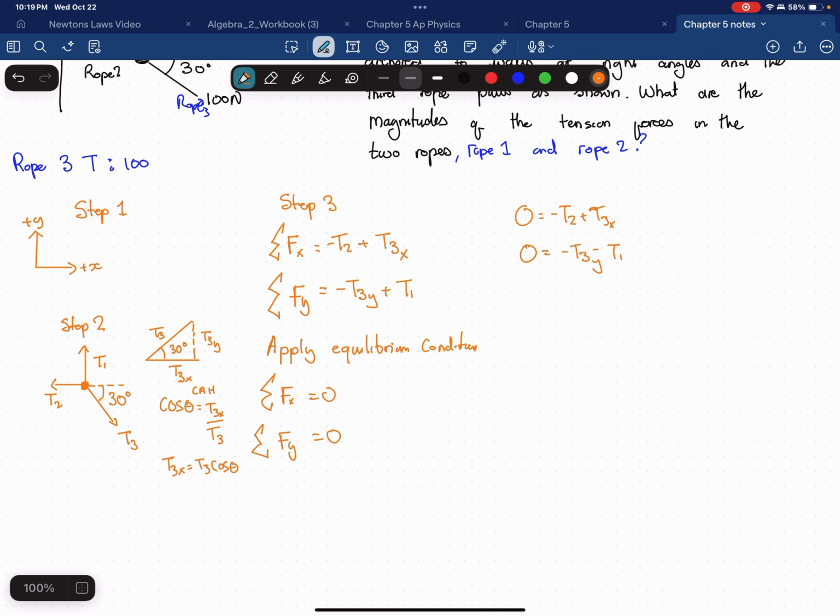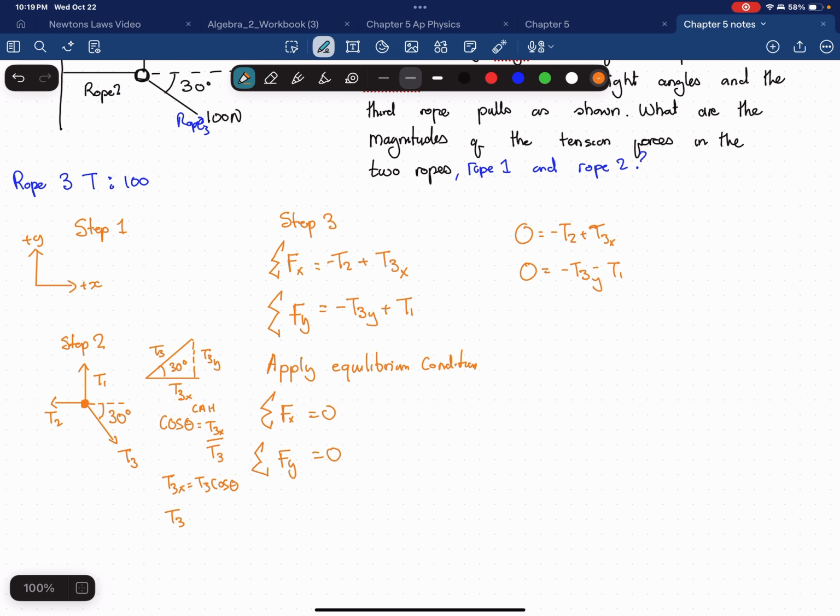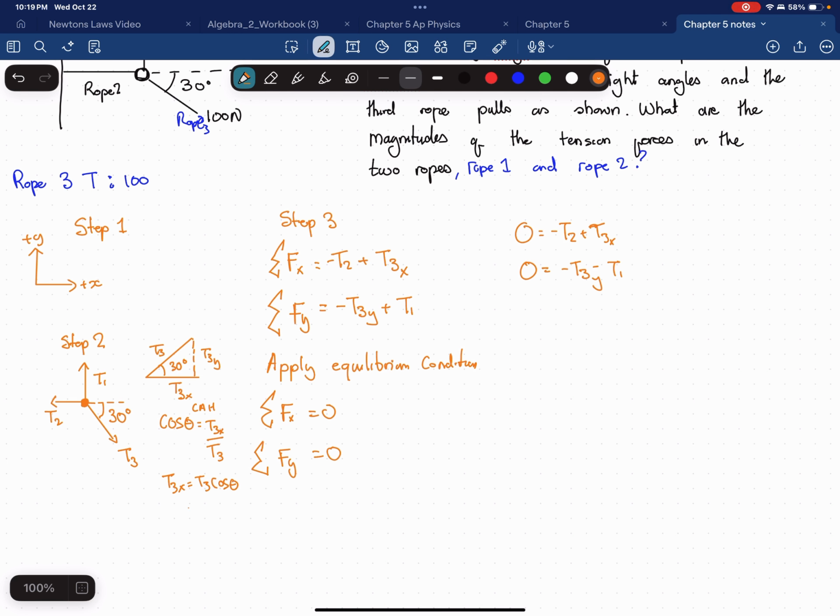Now what about T3y? For that one I need my sine theta. So sine theta is going to be equal to the opposite, T3y, over T3.